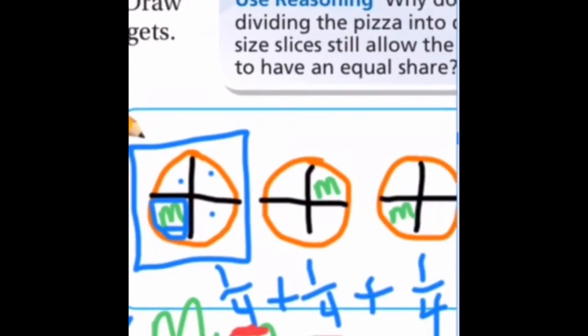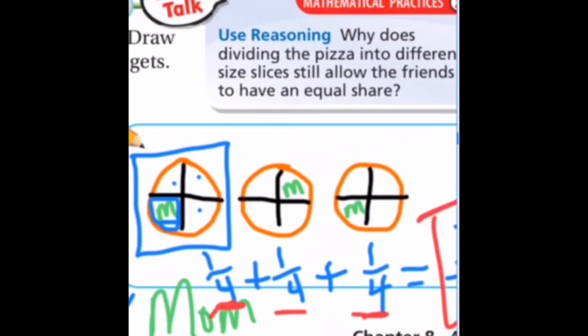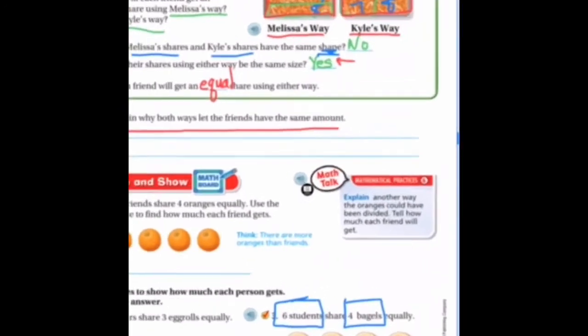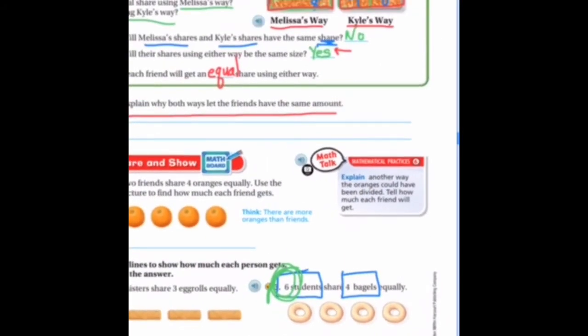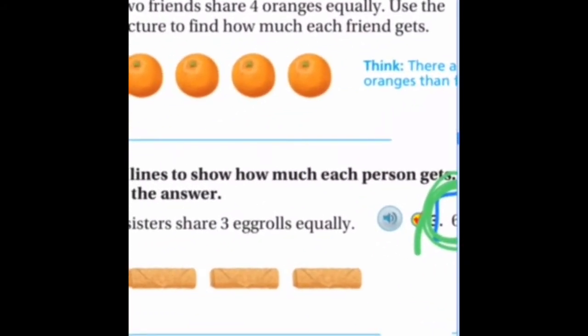Okay, we had 3 oranges divided by 4 people, so I took each orange and divided it into 4 equal pieces. That would be the strategy I would use for things like this as well. Take your bagel, each bagel, divide it into 6 equal parts as best you can. Okay, and that will help you determine how much each person gets.